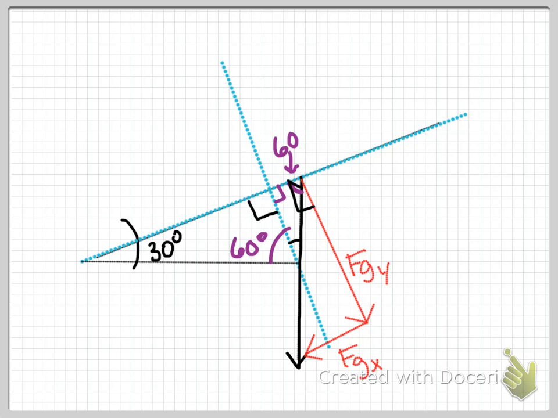If we know that this angle is 60, then this angle here must in fact be 30 degrees. It's a tricky little bit of geometry, but it's proof that the angle between that direct downward force of gravity and the y-axis is in fact 30 degrees. You can also see it here in this angle, but we're accustomed to taking the components of gravity out here behind gravity.